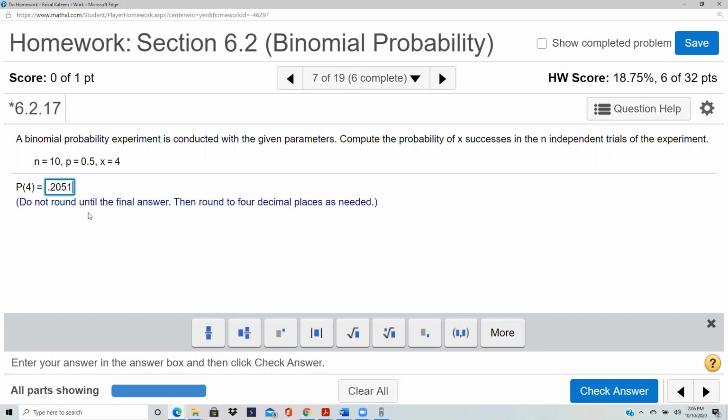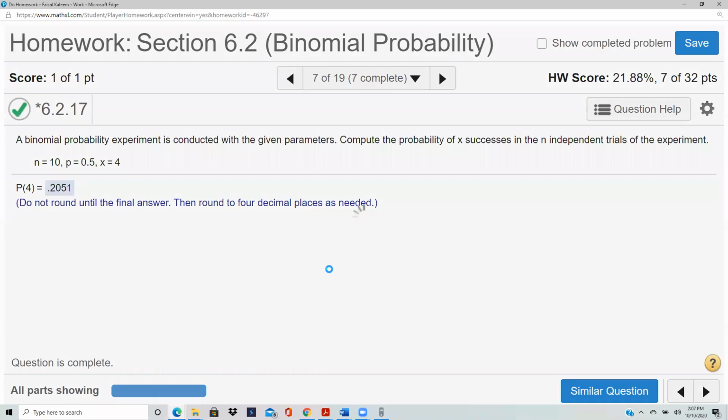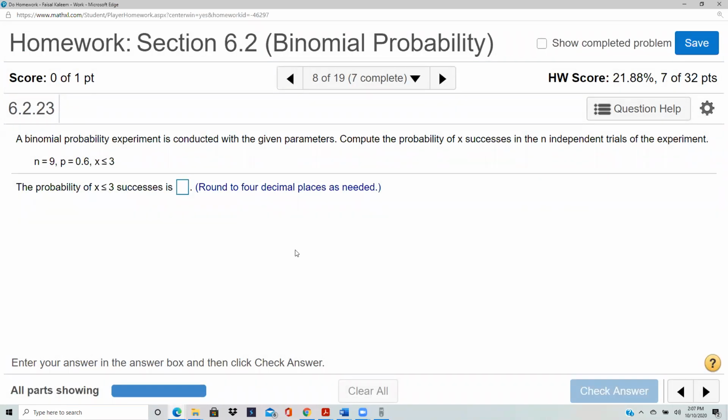They want to make us do it through a formula, which takes much longer, and we don't have to know that for this course. So same thing, n is 9, p is 0.6, x is now less than or equal to 3.